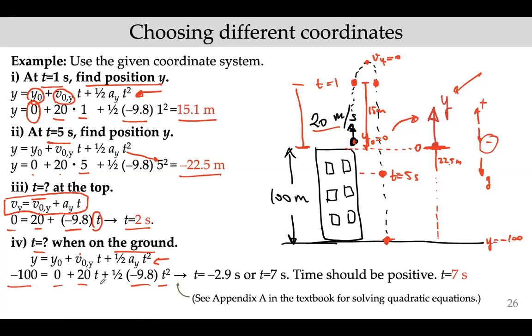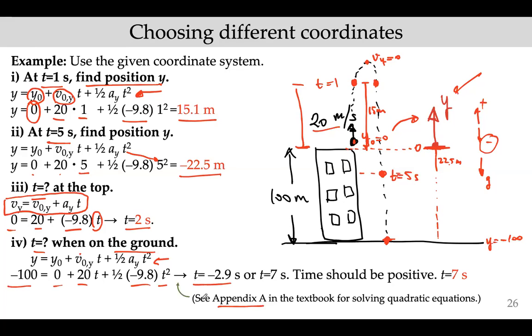So if you look at this equation, there's one equation and one unknown, but it's quadratic. If you want to brush up on your basic math skills, like solving quadratic equations, you can look at Appendix A in the textbook. And the solution is, there are two solutions.